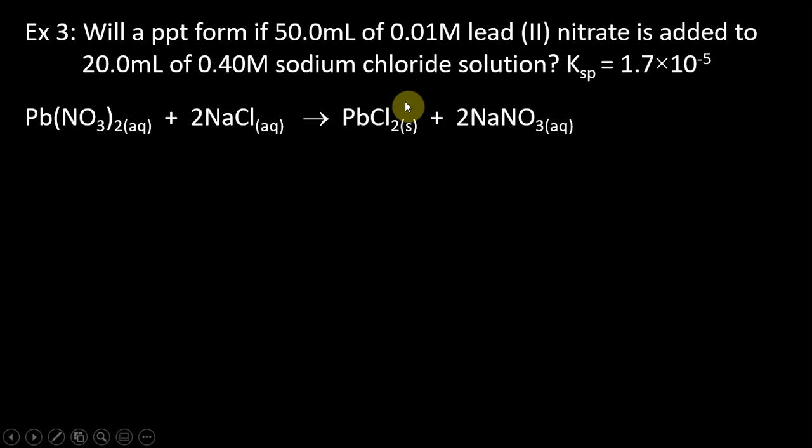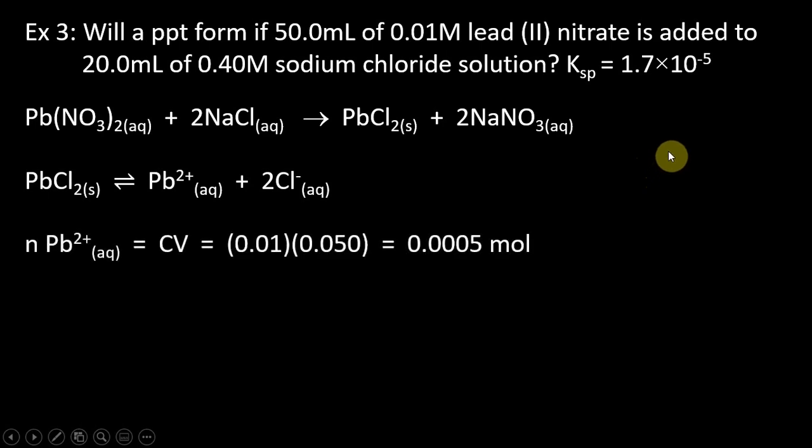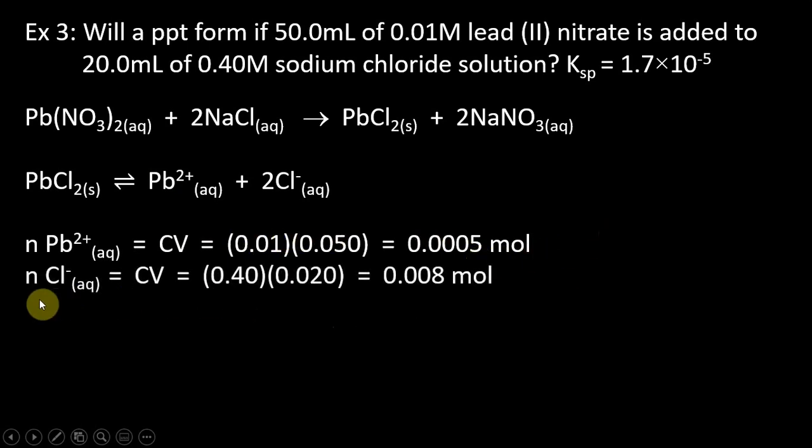We're looking at lead(II) ions and chloride ions. The number of moles of the lead(II) ions, concentration times volume, gives us 0.0005 moles. The number of moles of the chloride ions, same thing, 0.4 times 0.02, gives us 0.008 moles.